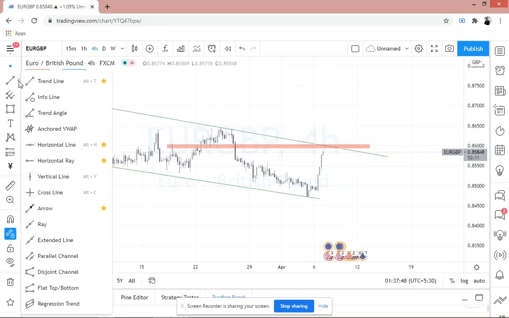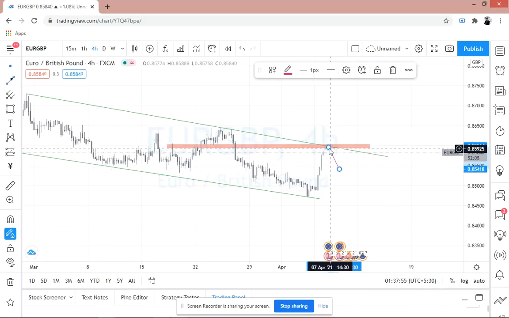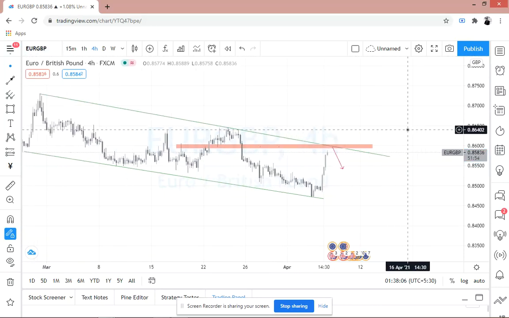So what I'm expecting on Euro GBP in this kind of situation is to look for a sell opportunity here. But if there's no sell opportunity here, you should look for a buy opportunity once there's a breakout. That is for Euro GBP.